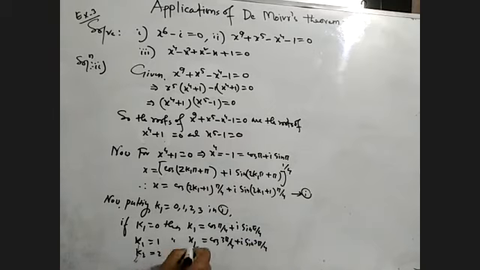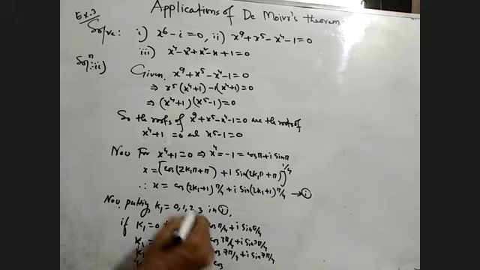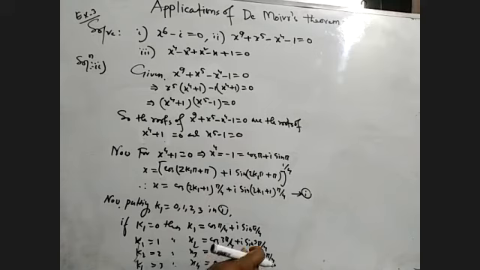K1 equals 2, then the third root: cos 5 pi by 4 plus i sin 5 pi by 4. K1 equals 3, then the fourth root: cos 7 pi by 4 plus i sin 7 pi by 4.